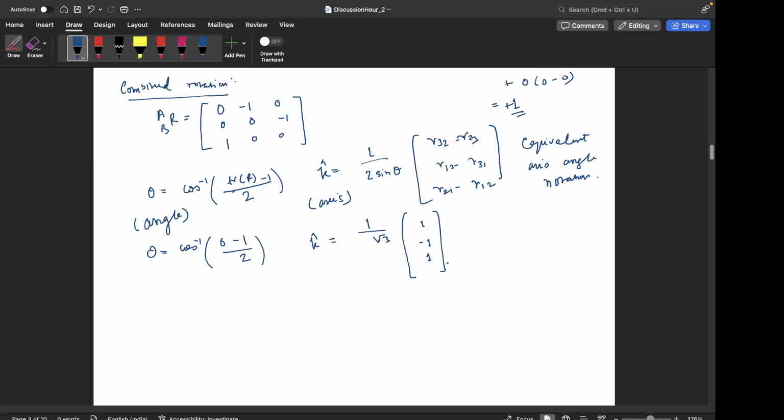K is a unit vector, remember that. That's why we are using a hat. And that root 3 is basically serving the purpose of normalizing it, in case it is unscaled.